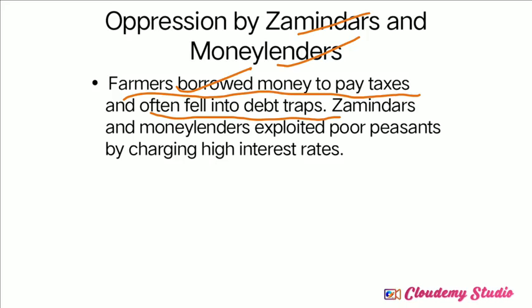So one way, they had to pay the tax amount to the Britishers; in another, they had to pay the interest to the zamindars and moneylenders. This was also a total exploitation of poor peasants, the Indian farmers.